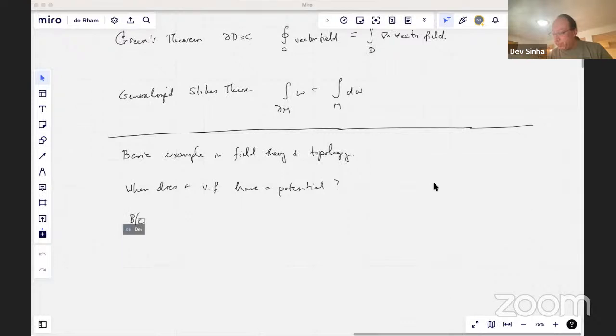Well, let's remember that this del operator is just taking mixed partials of your function. Then when I take del cross, a necessary condition is that del cross of the vector field must be 0 for it to have a potential.